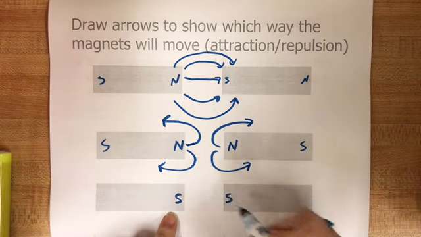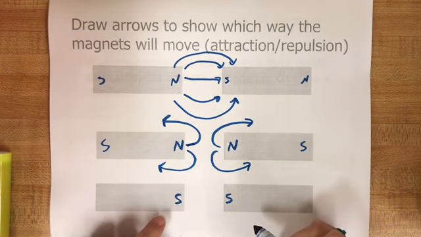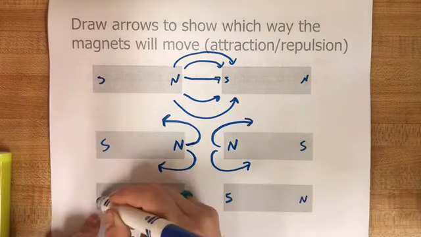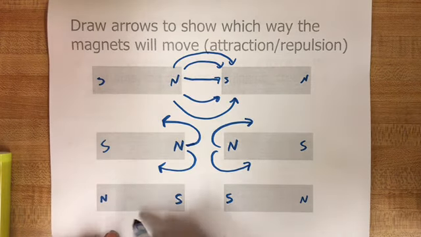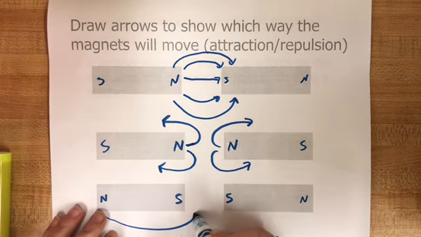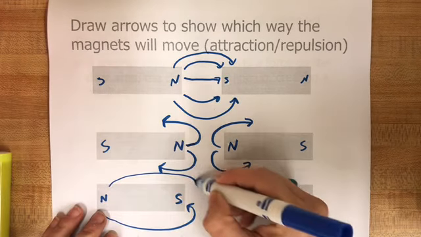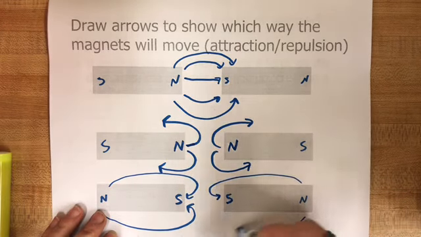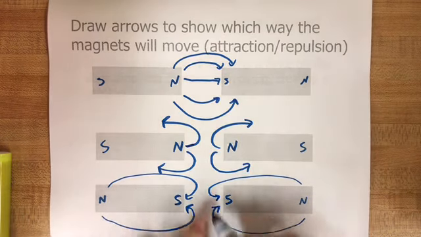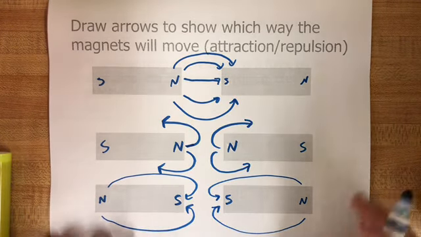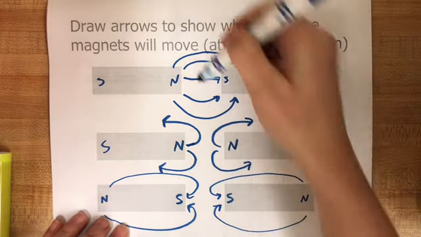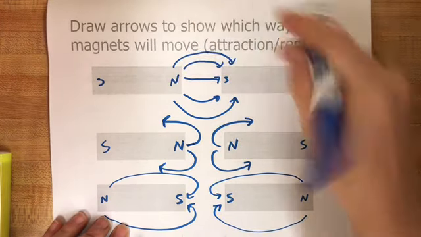You have an S and an S. The only magnetic field lines coming from anywhere is from the other side of the magnet. So what's happening is you end up getting this. And because of that, these are not attracted to each other. Okay? Out of the north to the south. The only way they're attracted is if you have north and south like that.